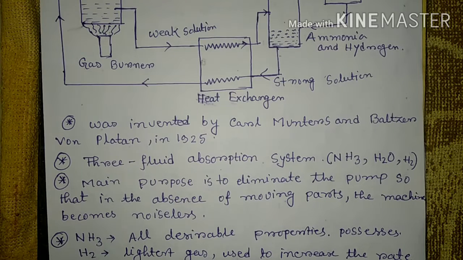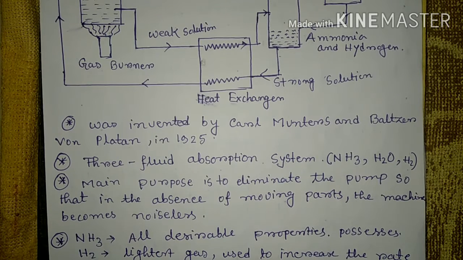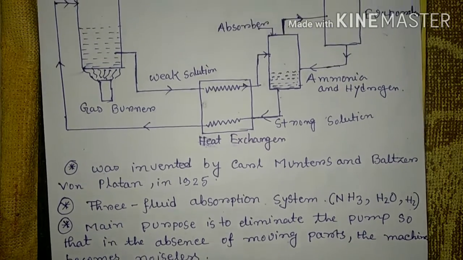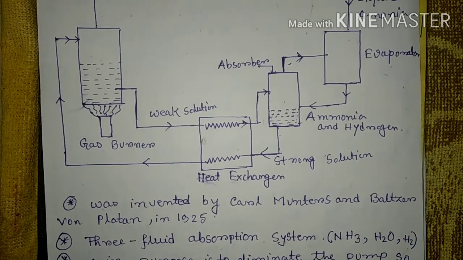Although it is toxic, due to the absence of moving parts, as discussed, there is no pump, so there is little chance of leakage, and the total refrigerant leakage is small. So you can use ammonia as a refrigerant.